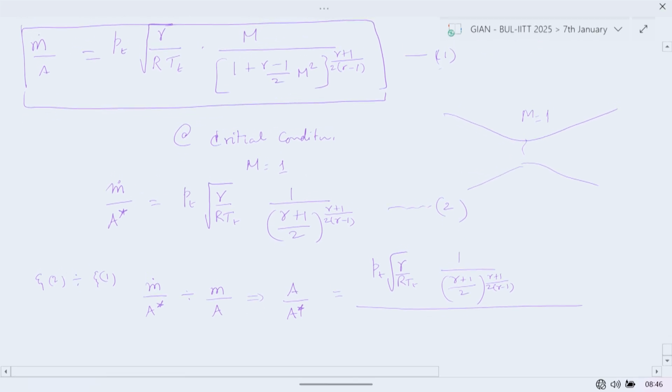In equation 1, I have Pt square root of gamma by R Tt, M divided by 1 plus gamma minus 1 by 2 M square, power gamma plus 1 by 2 into gamma minus 1. You see what I've done there? I have started with the basic continuity equation, mass flow rate.